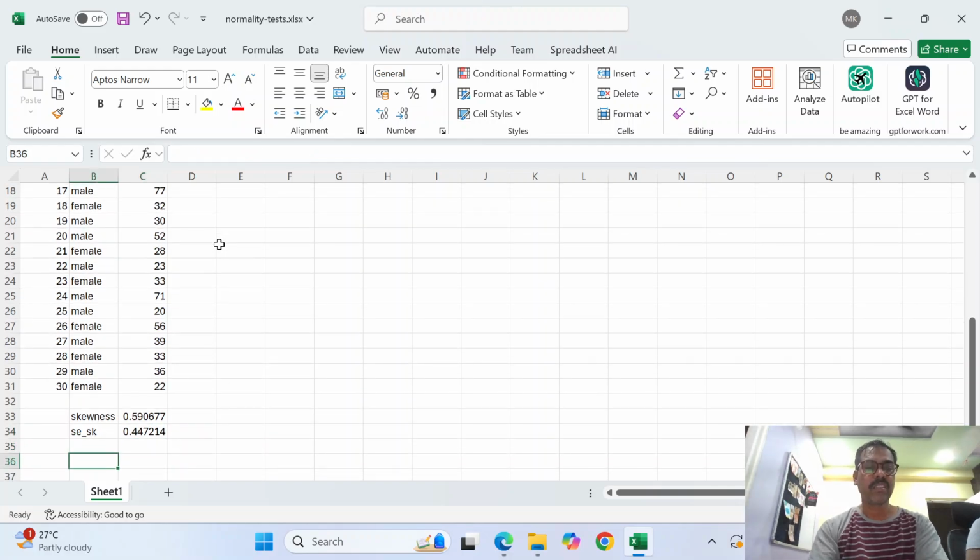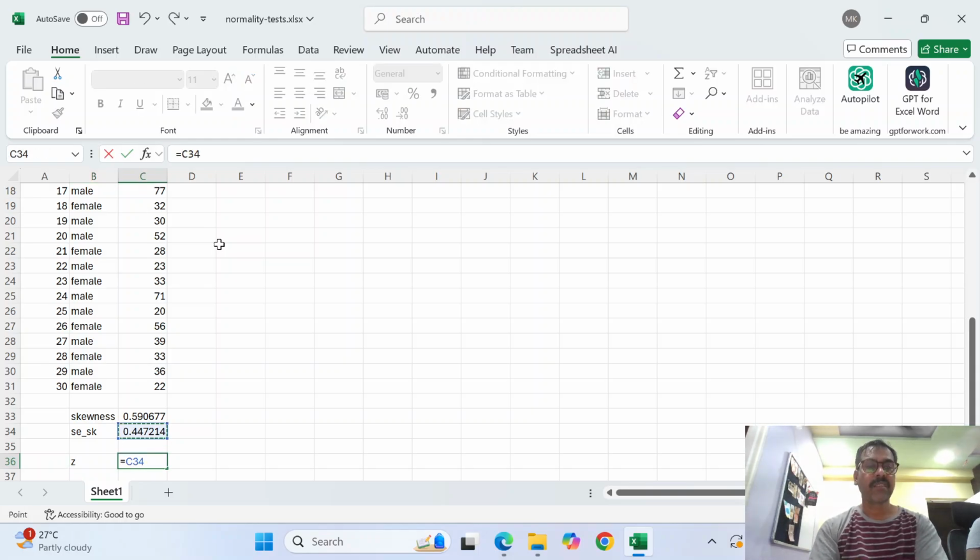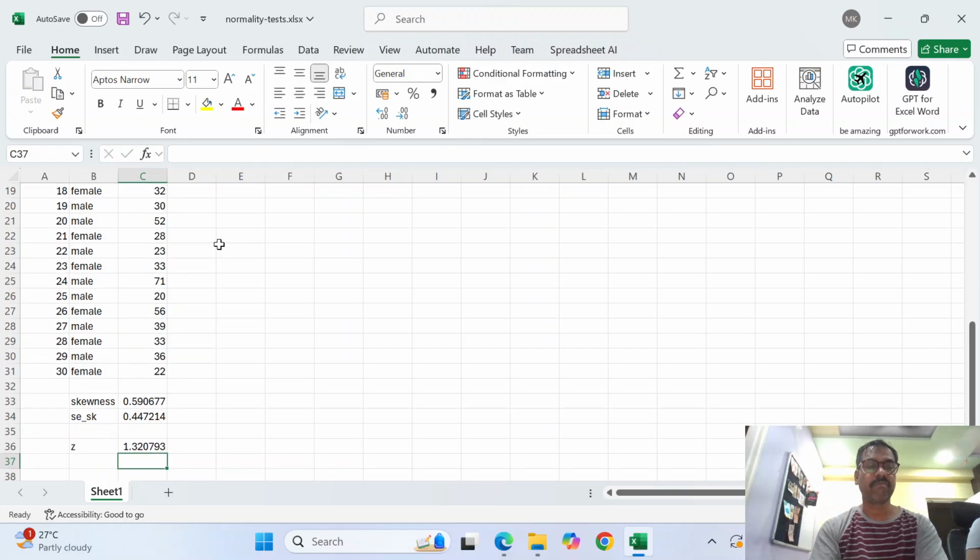Now we can simply calculate the z statistic by dividing the skewness by the respective standard error. There is a convention that if the z value is close to or less than 1.96 at the 5% significance level, the data is normally distributed.